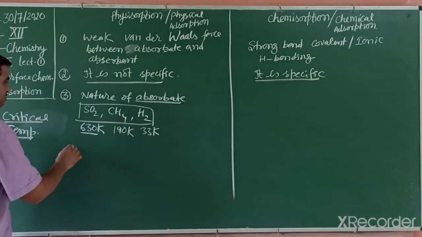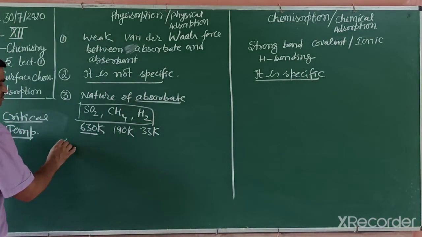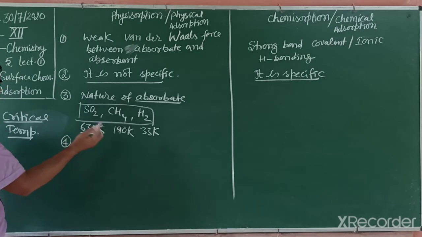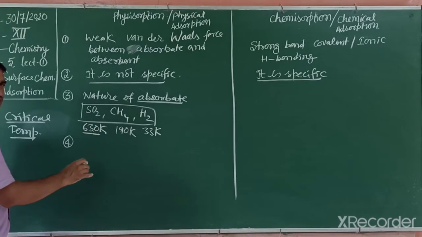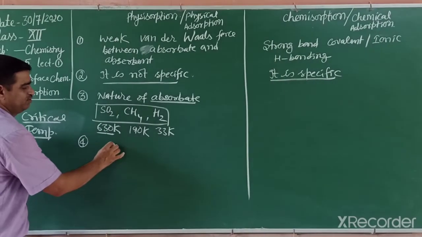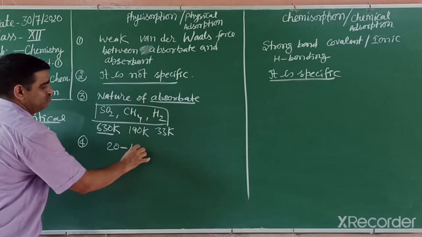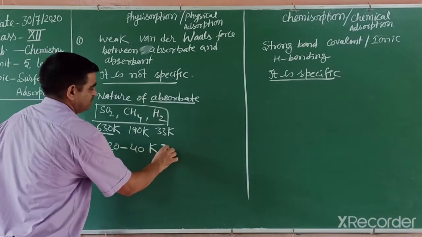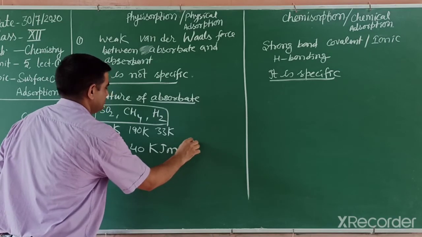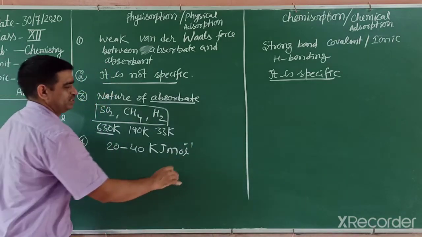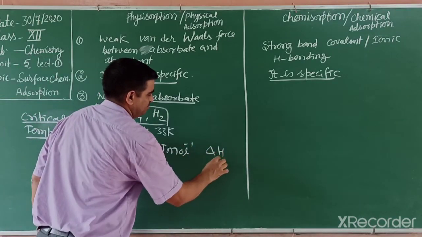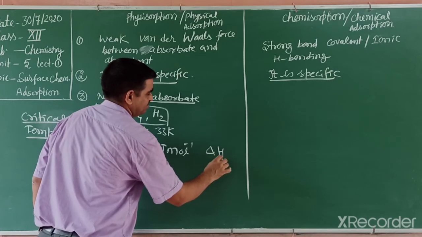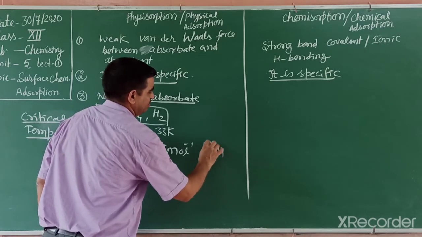Other one is enthalpy of adsorption. In physical adsorption we already studied weak van der Waals, so the enthalpy of adsorption is only 20 to 40 kilojoule per mole. Means a lower value.